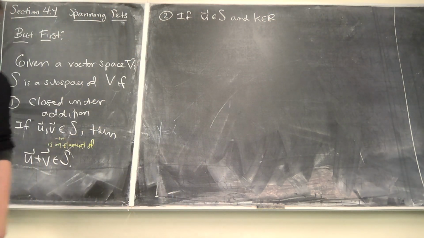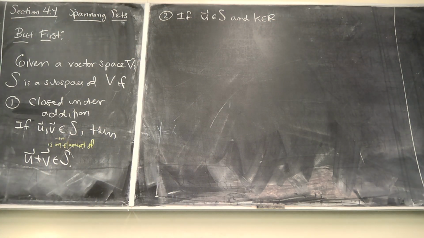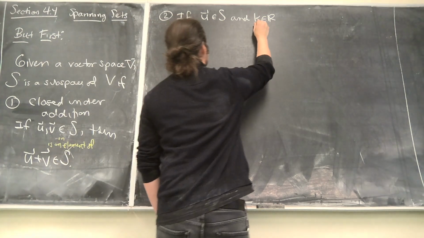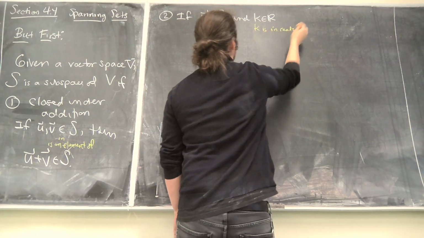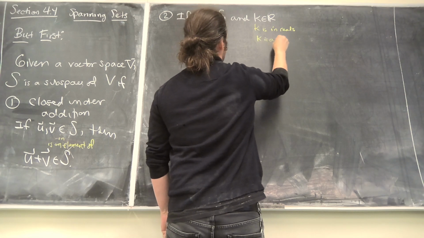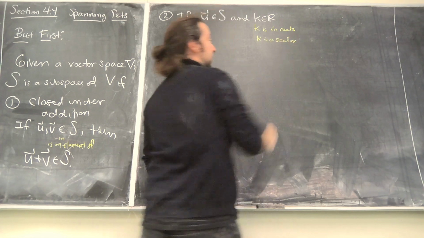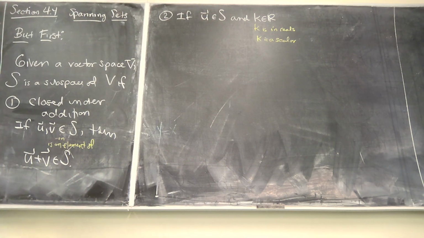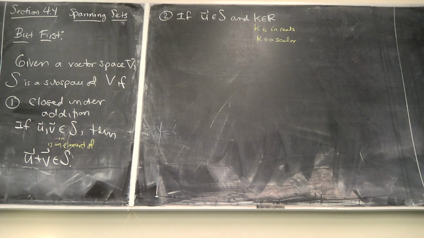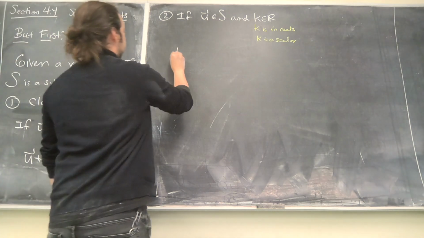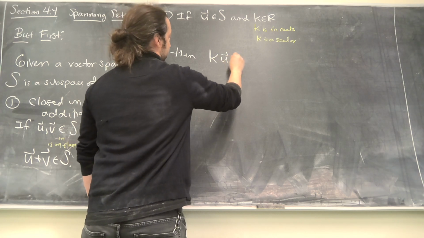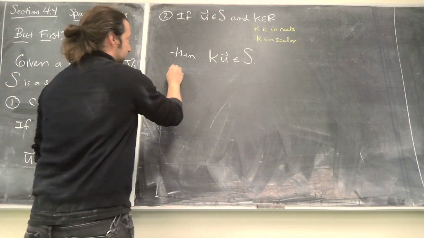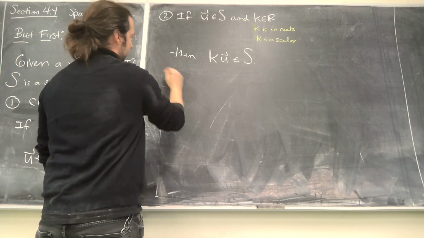That is the same thing, and the book does this too if you go read the book. What that means is k is in the reals, or if you like, k is a scalar. If u is in S and k is a real number, then k times u is in S. So this is the condition of closed under scalar multiplication.